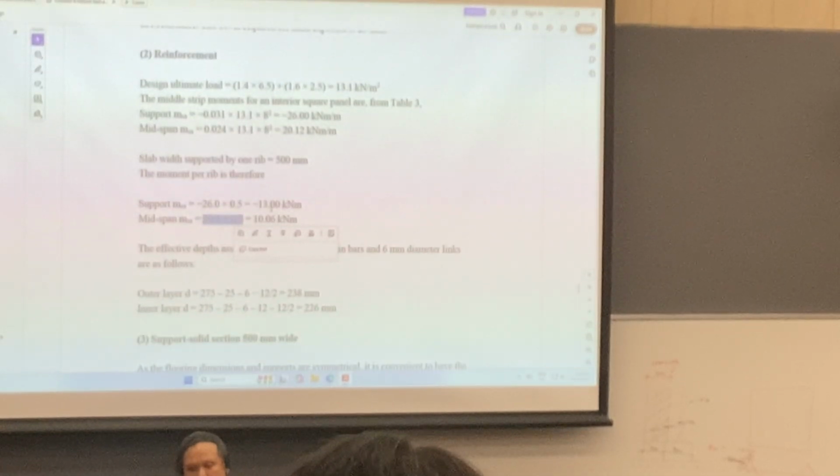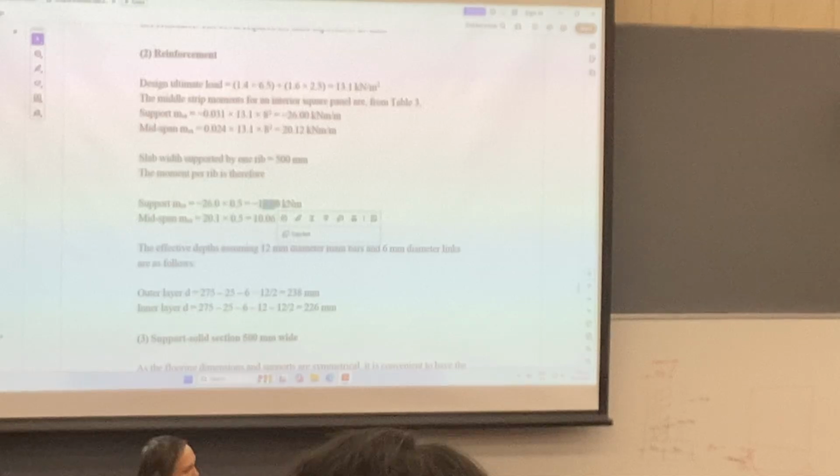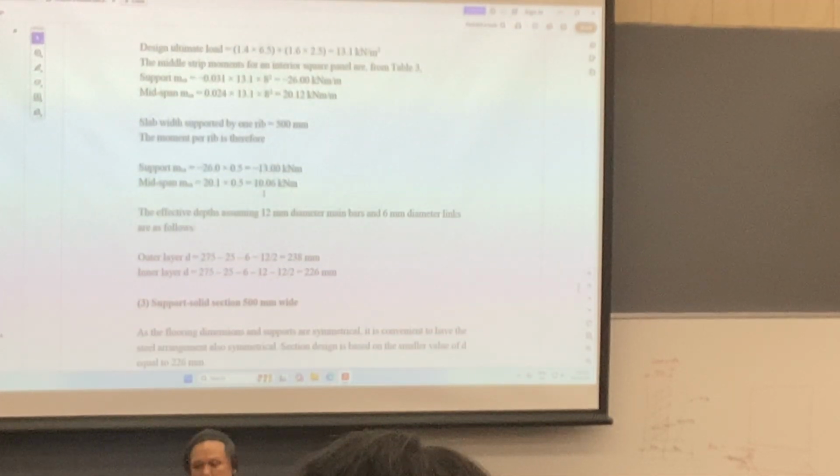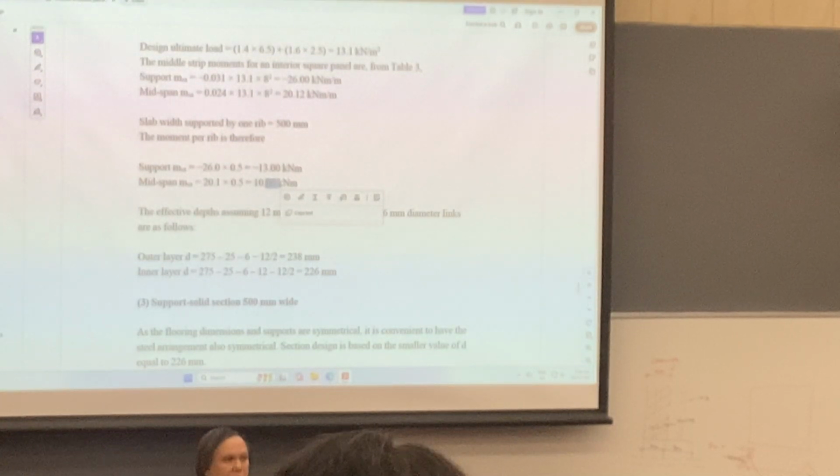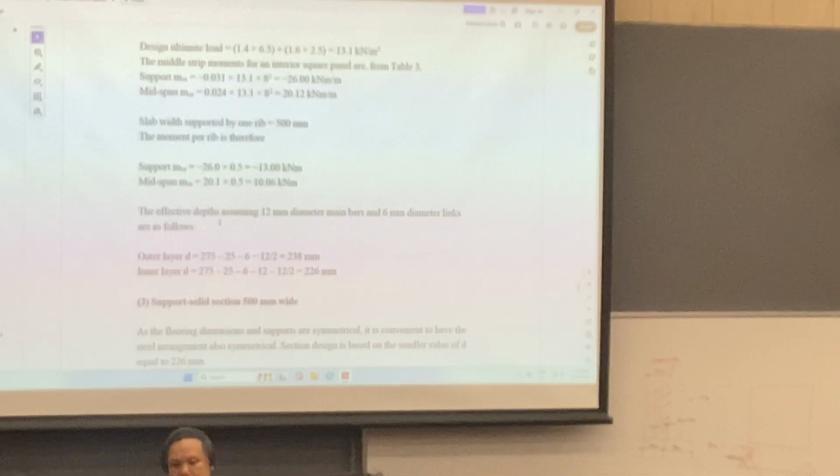So the bending moment actually taken by each rib is equal to 13.0, and then 10.06. Again, we are finding the bending moment for the rib only, just like the rib slab.